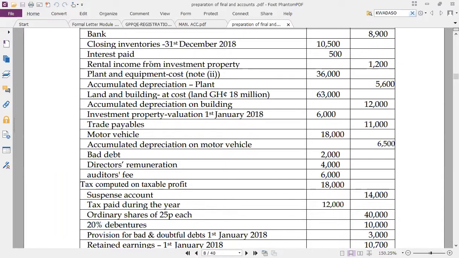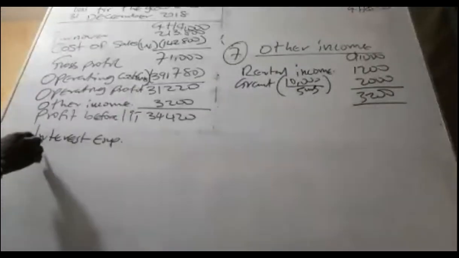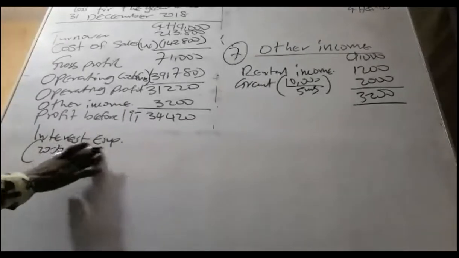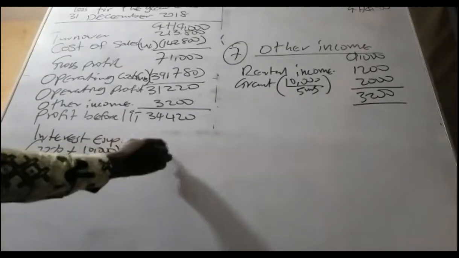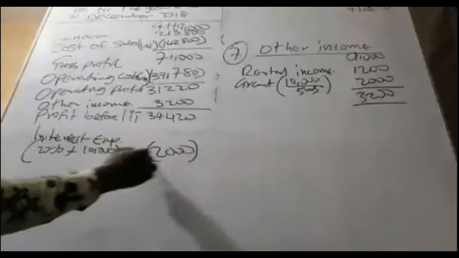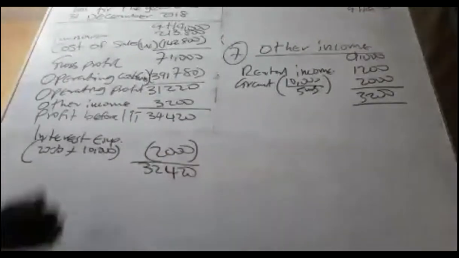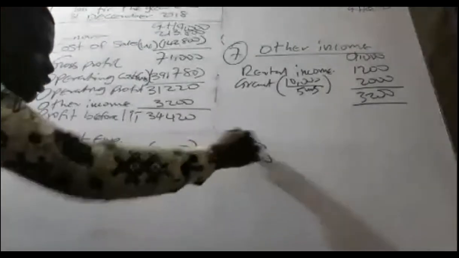So the debenture interest will be 20% times 10,000. You get 2,000. We take it off. You get 32,420.